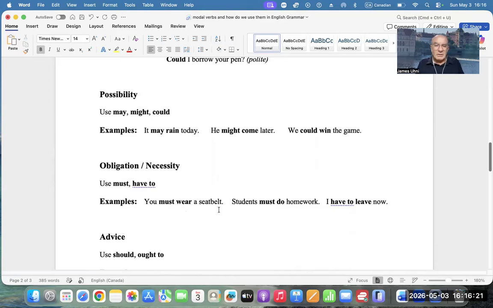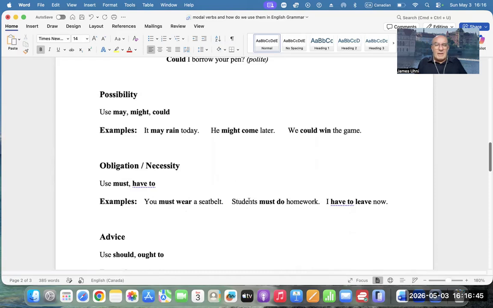As you can see, flexible talking. There is no rule for talking and rule for writing, and it's very flexible. Students must do homework. Students have to do homework.